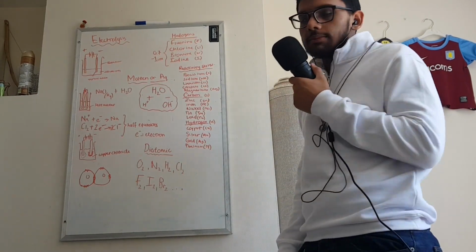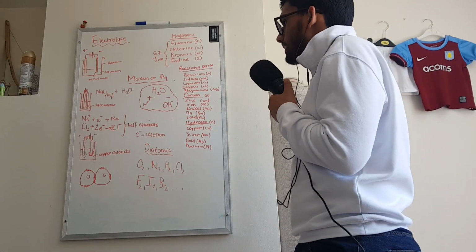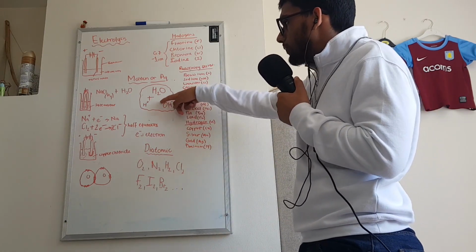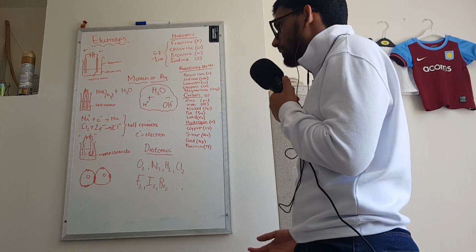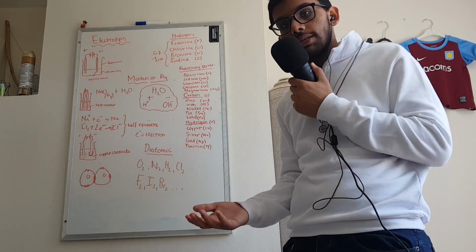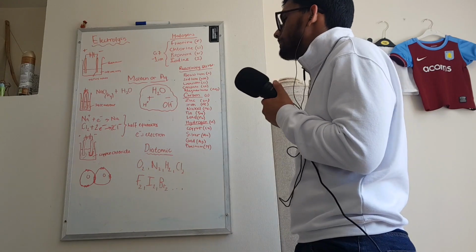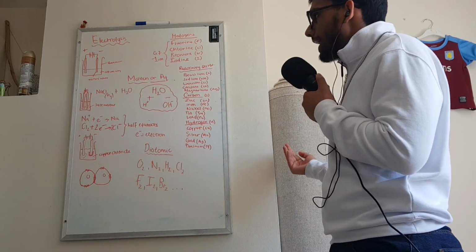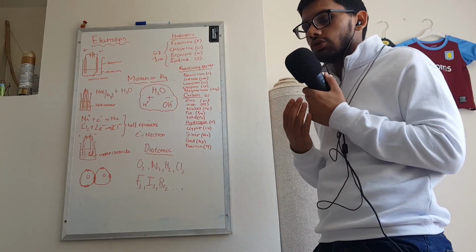A hydroxide is simply oxygen and hydrogen bonded together, which forms a negative ion, as oxygen is 2- and hydrogen is 1+. So in this formula, you only have one of the electrons on the oxygen being filled in, and another electron is needed, which is supplied by the electricity, and therefore this is a negative ion. This will then settle, and it will react with the sodium to make sodium hydroxide.